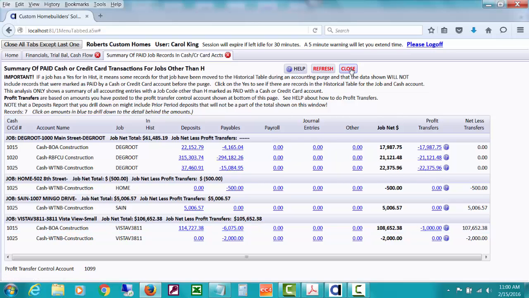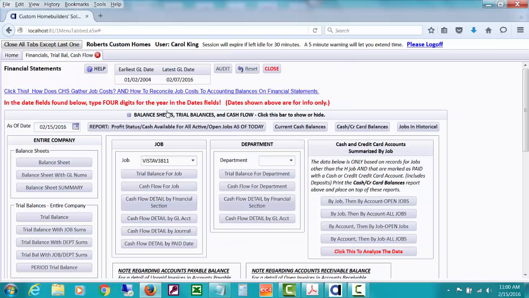But I just wanted to make you aware that you can get a lot of information about cash flow by job or trial balances that sum by job, and you can actually sit and analyze your cash accounts by job and see some various reports of all of that. But this click to analyze is pretty interesting, where you can open it up and see how much activity has gone in and out of each cash account.